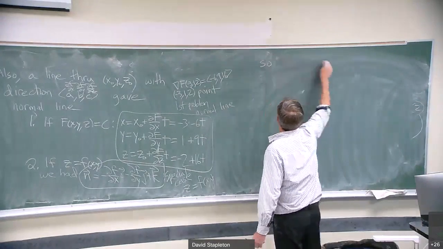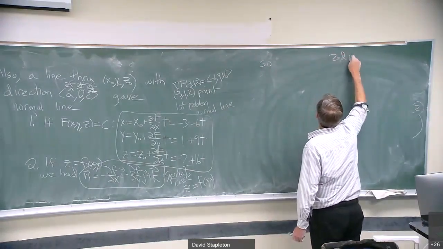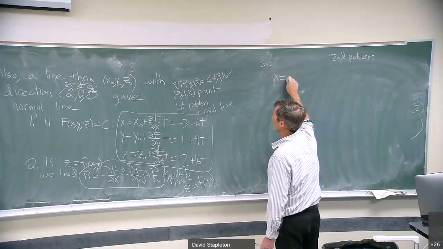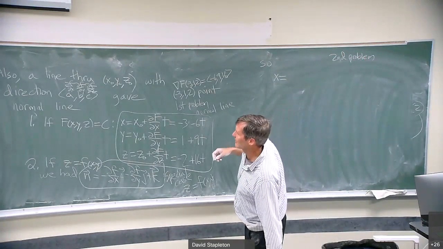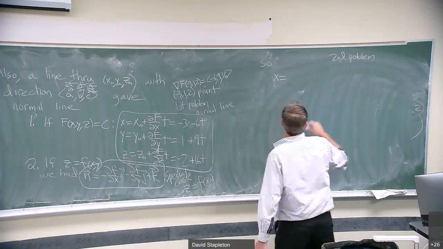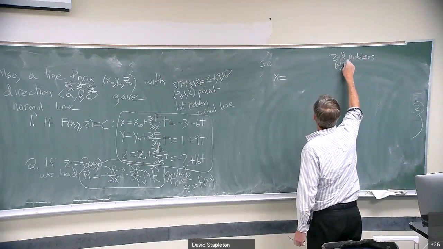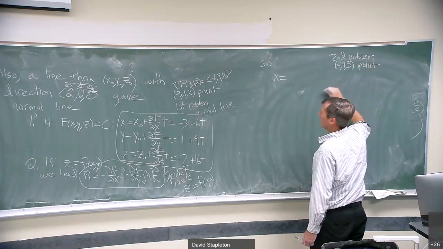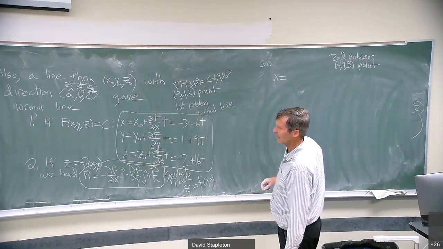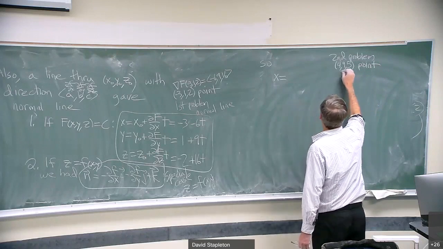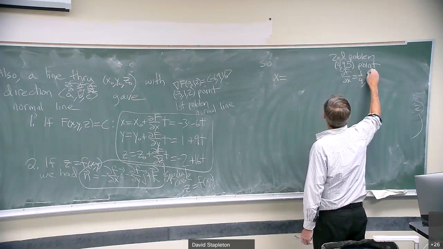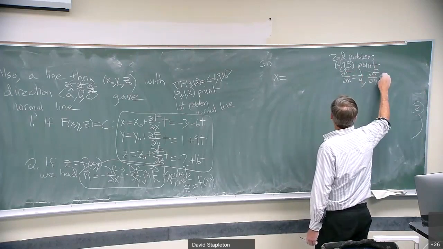So for the second problem, we just write x equals, let's see, the point was 4, 9, 5 we calculated. And df dx was a fourth, df dy was a sixth.